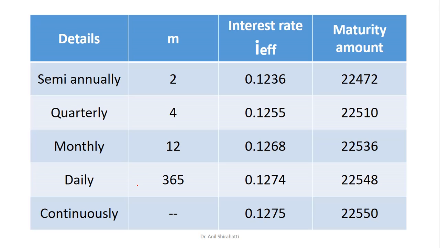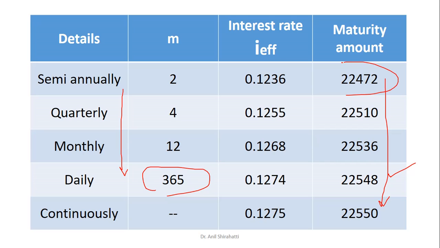For daily basis, assuming it's not a leap year, we have 365, and the amount is around 22,548. So you can see as the compounding period goes on increasing, the amount is also increasing. So first it was 22,472, it has increased to around 22,548 in case of daily and continuous methods.